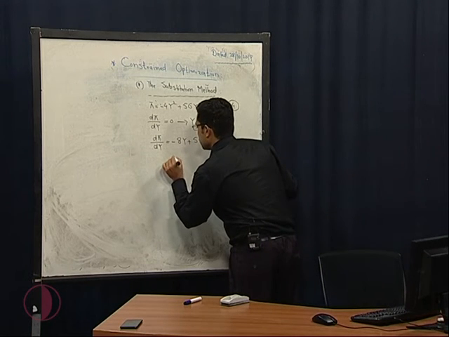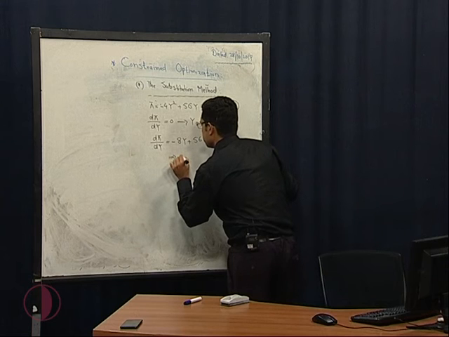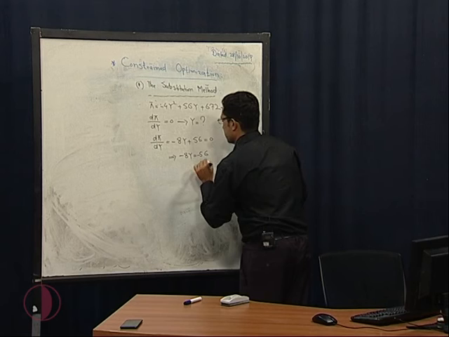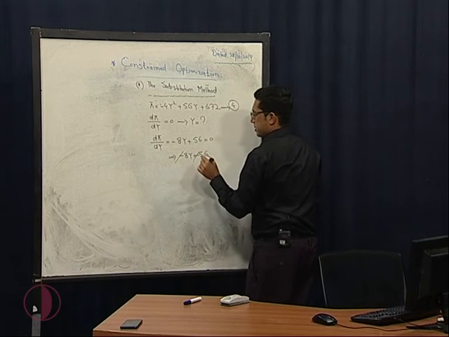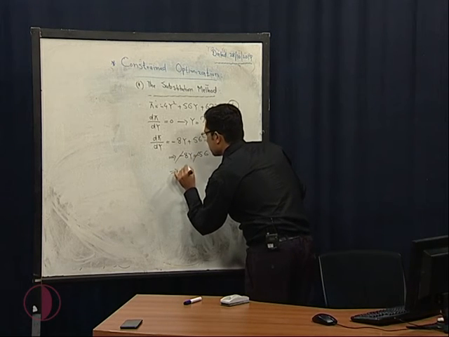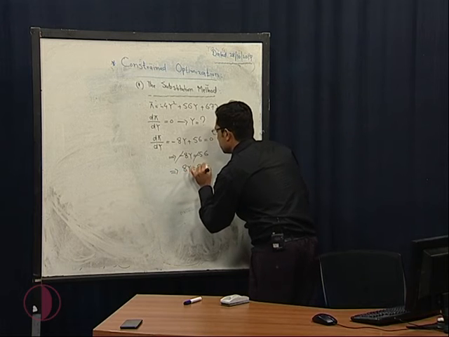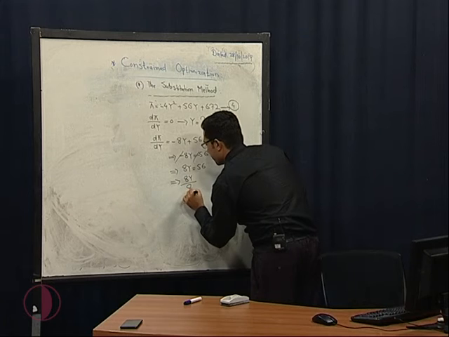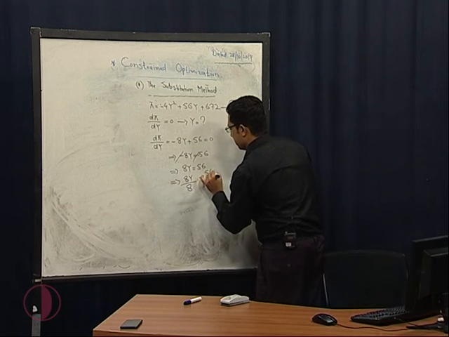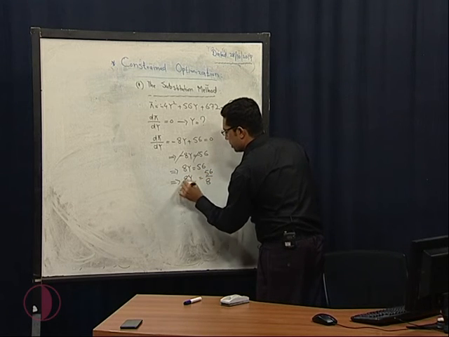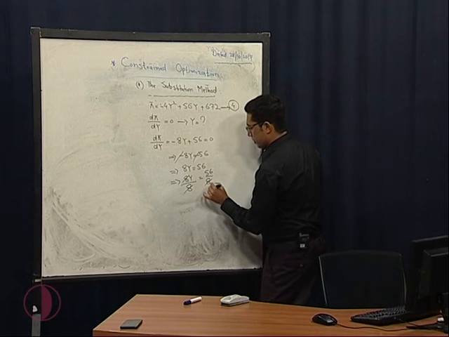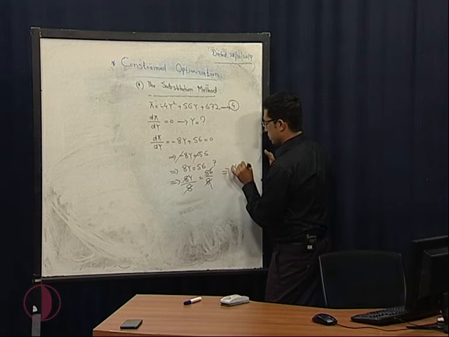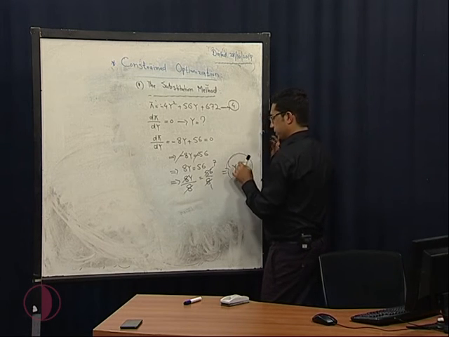Solve it for y. This implies that minus 8y is equal to minus 56. Minus minus cancel out. So 8y is equal to 56. Dividing both sides by 8, 56 divided by 8 is 7. So it means that y is equal to 7.